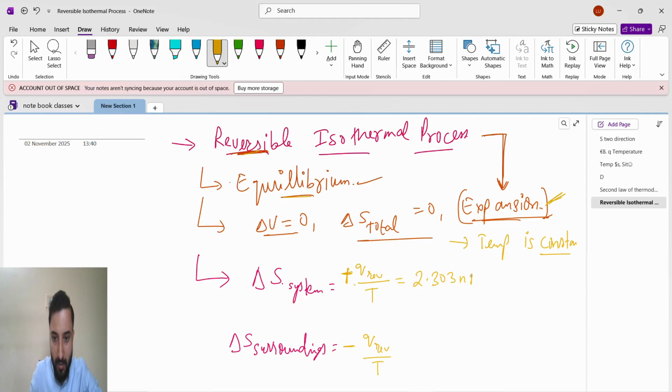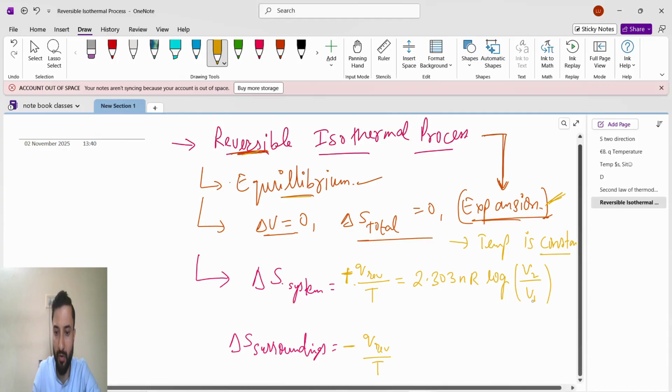So the positive one becomes 2.303 nR log V2 by V1, because in expansion the volume is changing. We already studied this formula.